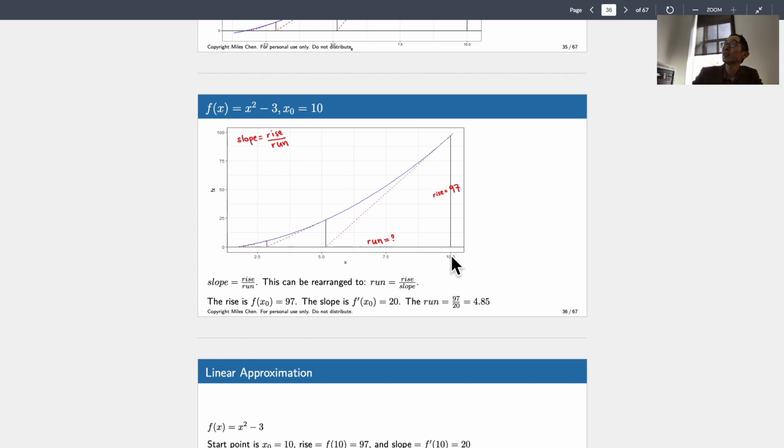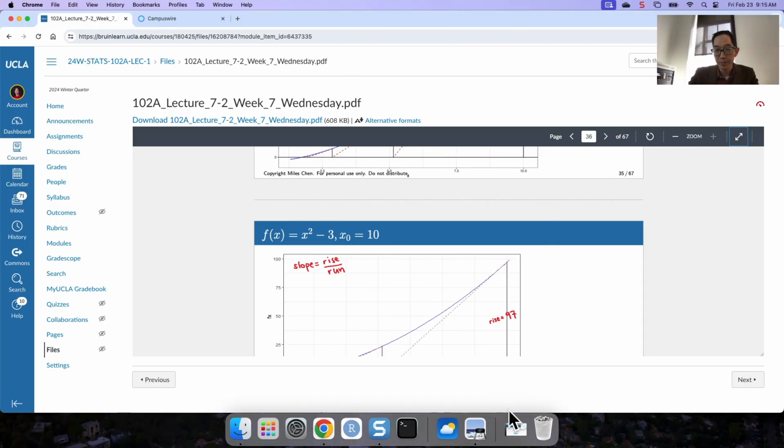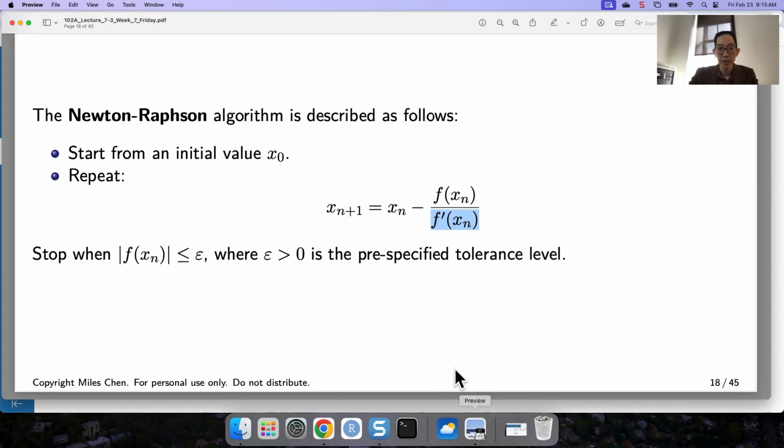That's your rise, and then to get the length of the run, you do rise divided by the slope, right? Because slope is rise over run, so you swap the run and the slope. And the slope requires you to calculate basically the derivative at that point.